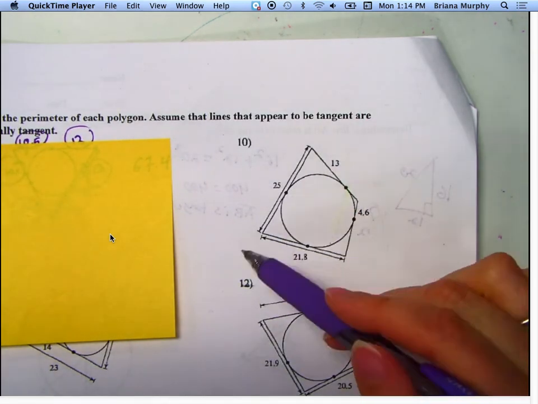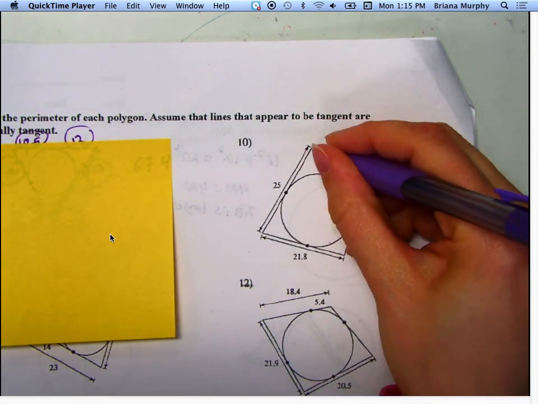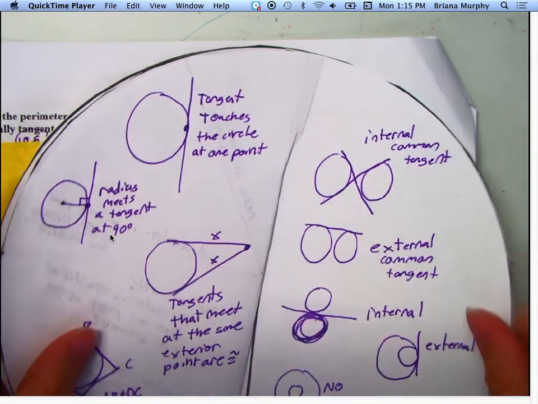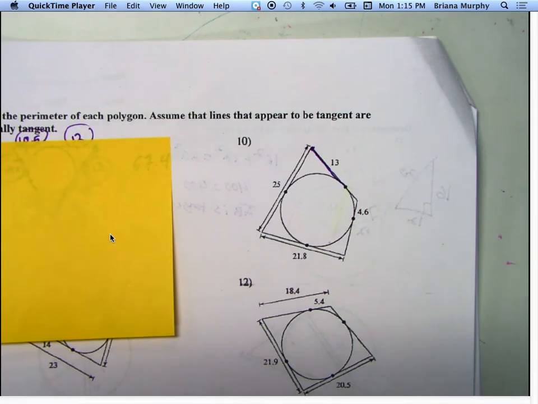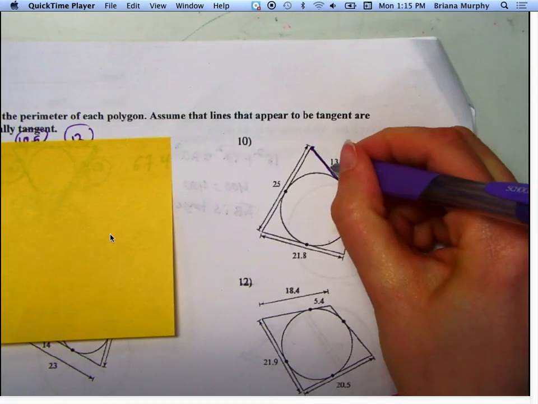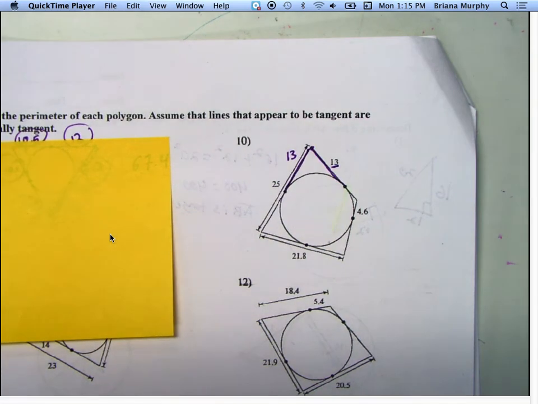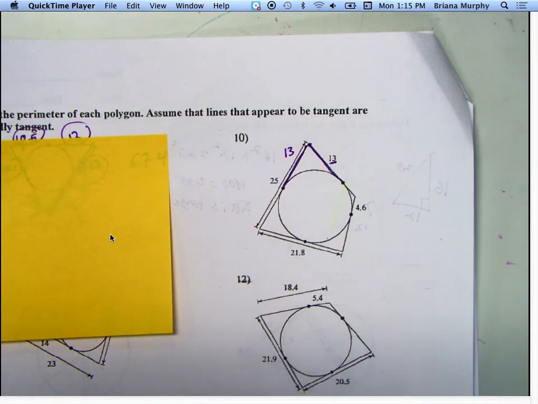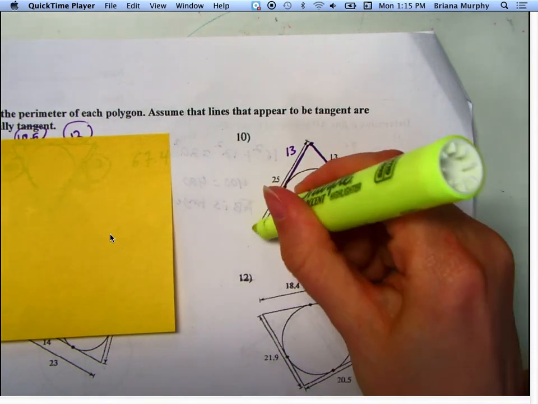So if we were to add up the whole outside, this is like what we learned in our circle book. If two tangents meet at an exterior point, they're equal to each other. So if this is 13, this part right here has to also be 13. The whole length of this line is 25. So 25 minus 13 gives me this length from here to here as 12.